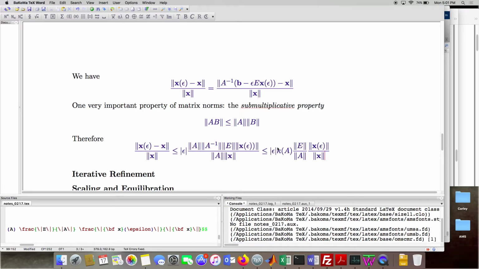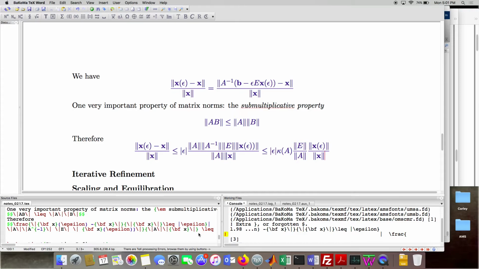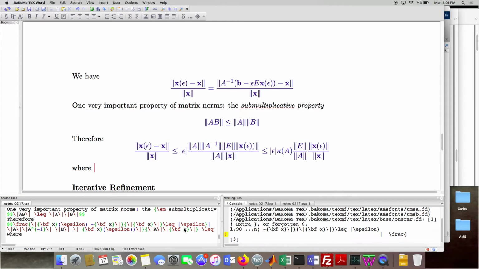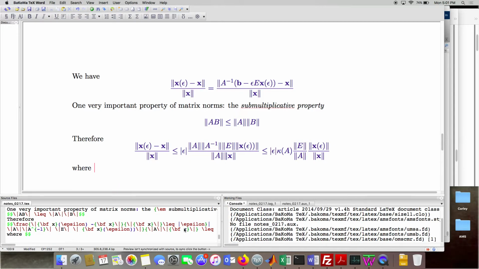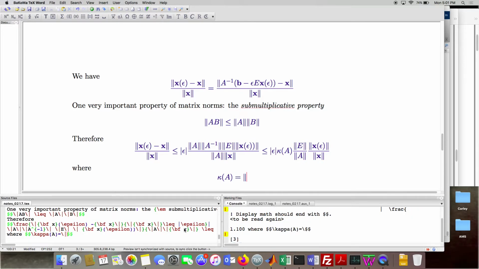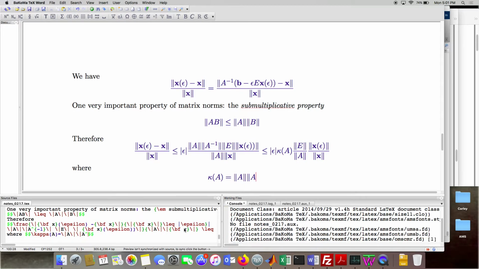Where kappa of A is equal to the norm of A times the norm of A inverse.